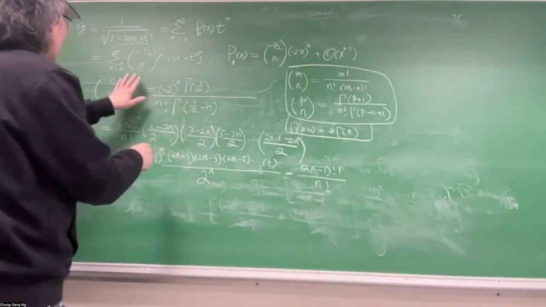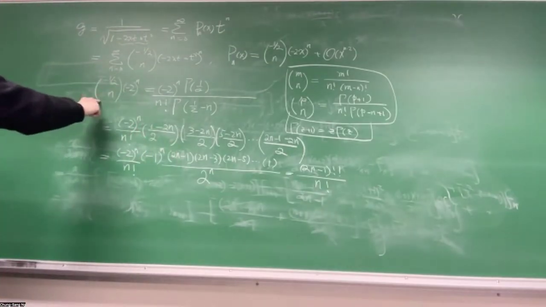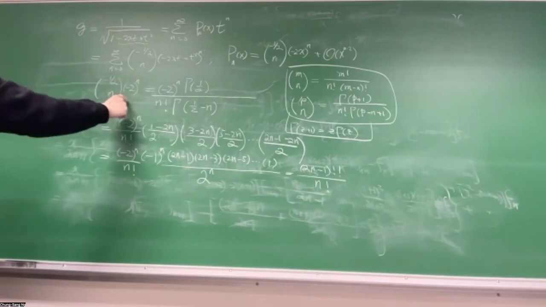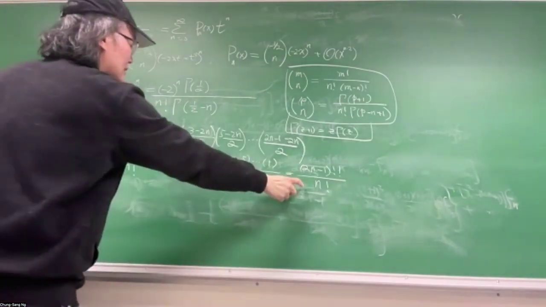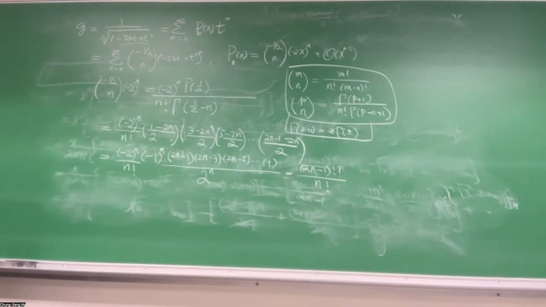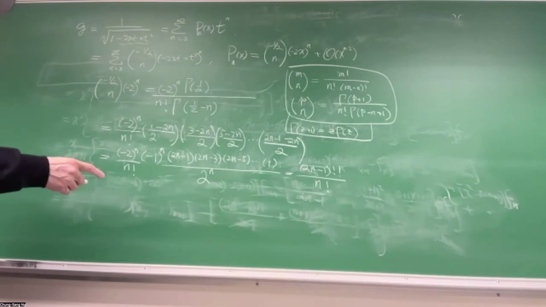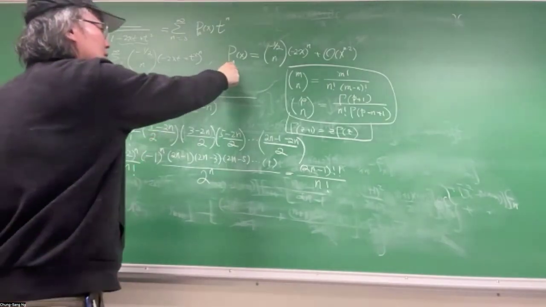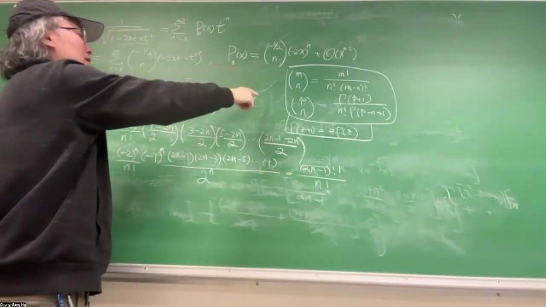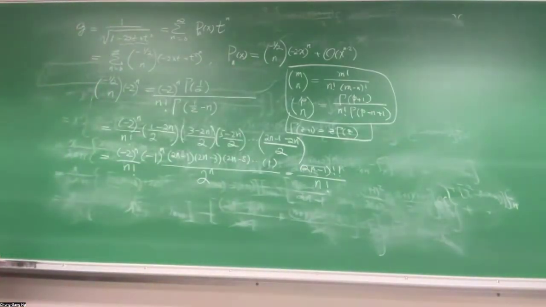So for just the coefficient of the binomial expansion, you need to divide it by this minus 2 to the n. So you only multiply this. But anyway, that is how you get that. That turns out to be important too, because we sometimes want to know the leading order of this Legendre polynomial.